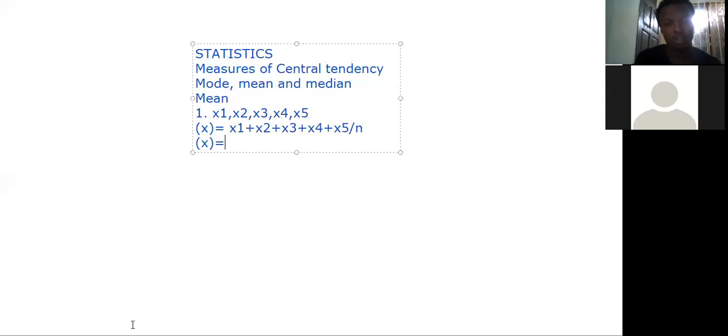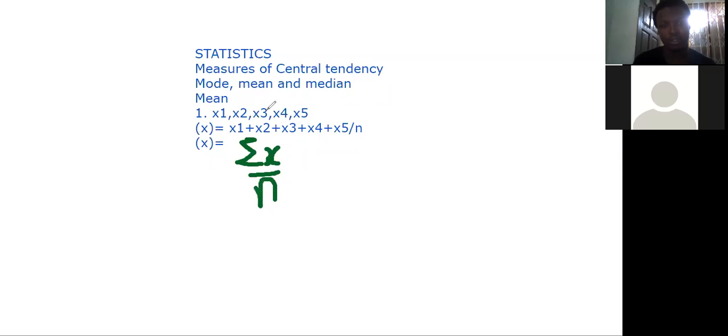So let me just use this. I can just write it this way. My mean will be equal to sigma of x, the addition of all the x values, all over n, where n is the number of x values.